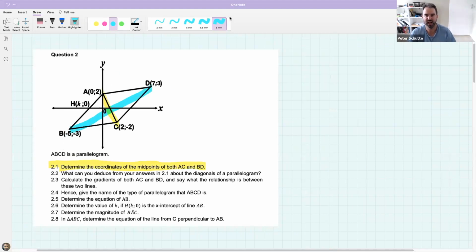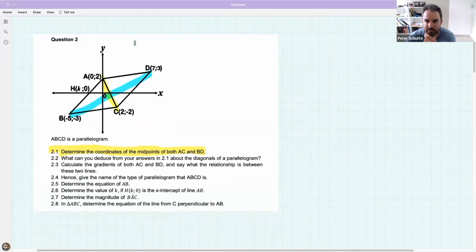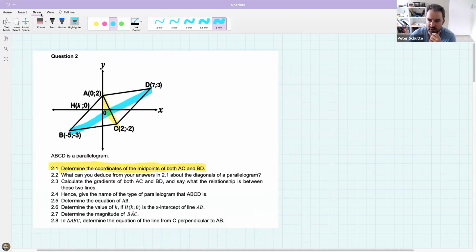I want in the chat, or with your hands, to hear what tool I can use to help me find the midpoints of those two. I'll give you some time to start working, but I'd love some hints from those who are aware of what tool to use.